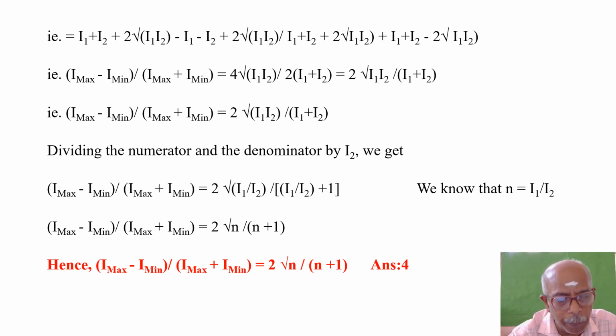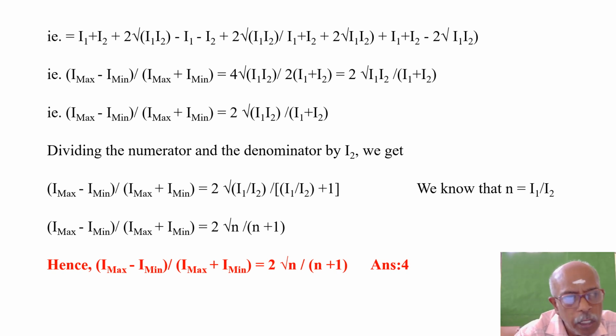We have removed the bracket, so we get minus I1 minus I2 plus 2 into square root of I1 I2. What about the denominator? I1 plus I2 plus 2 into root of I1 I2 plus, in the numerator it was minus, in the denominator it is only plus, so you will write I1 plus I2 minus 2 into root of I1 I2.